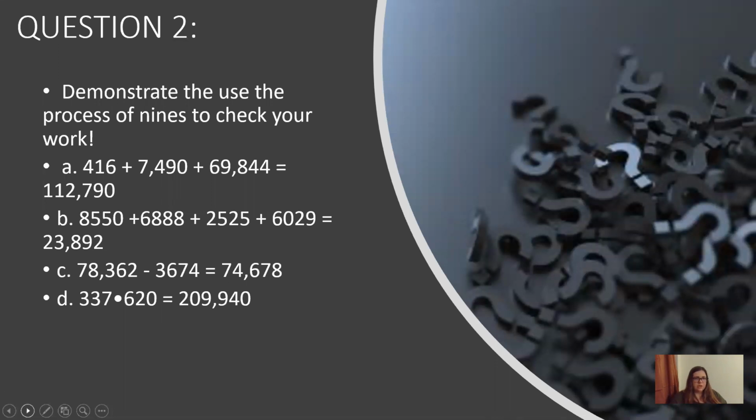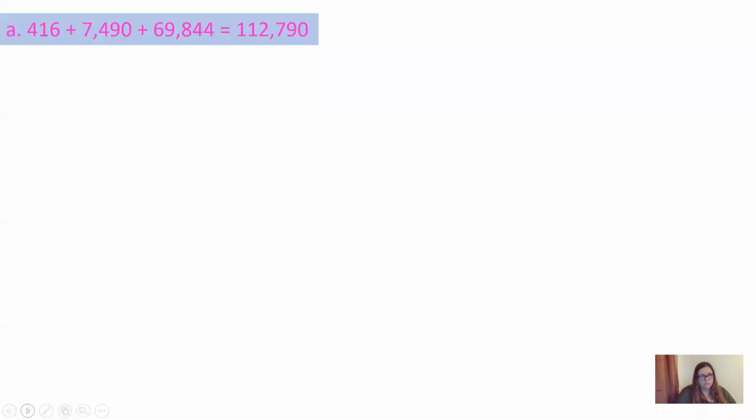Okay, now I'm going to demonstrate the use of the process of 9s to check your work. So right here we have 416 plus 7,490 plus 69,844 equals 112,790. We're not sure if this is correct. We're trying to figure out if it is.